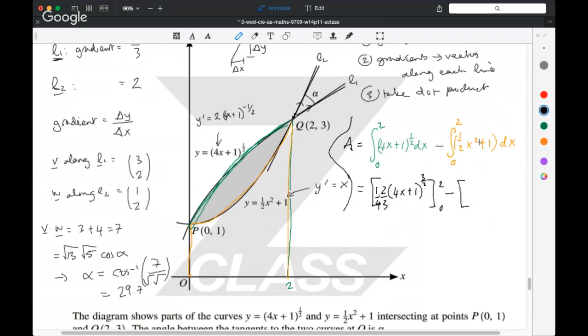This guy is much easier. It's just a polynomial. We know how to do that, right?